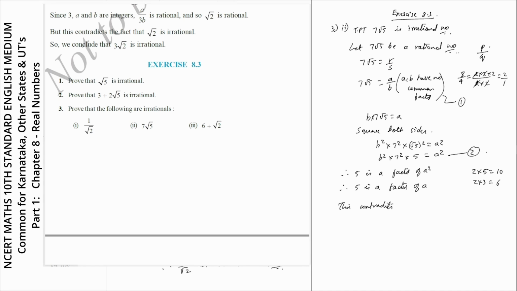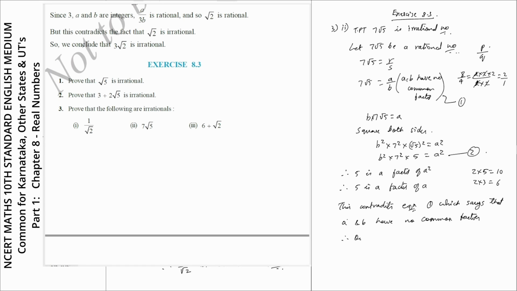Equation 2 is contradicting equation 1, which says that a and b have no common factors. Equation 2 says that 5 is a factor of a, but equation 1 says a and b have no common factors.